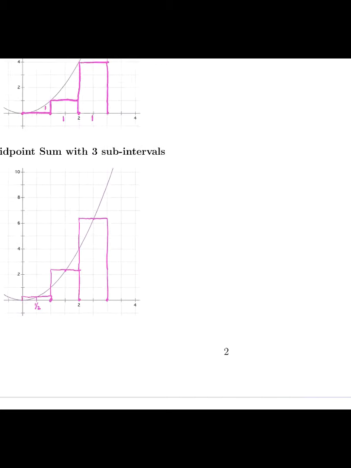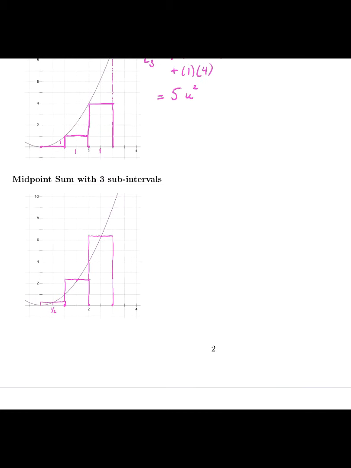The thing that changed quite a bit is how we find the heights. So let's see, we're at 1/2, 3/2, and 5/2. And the height of each of those rectangles, for example, if I draw the one in here at 5/2, is the output of the function at 5/2. This point right here on the curve is the point 5/2, comma, 5/2 squared.